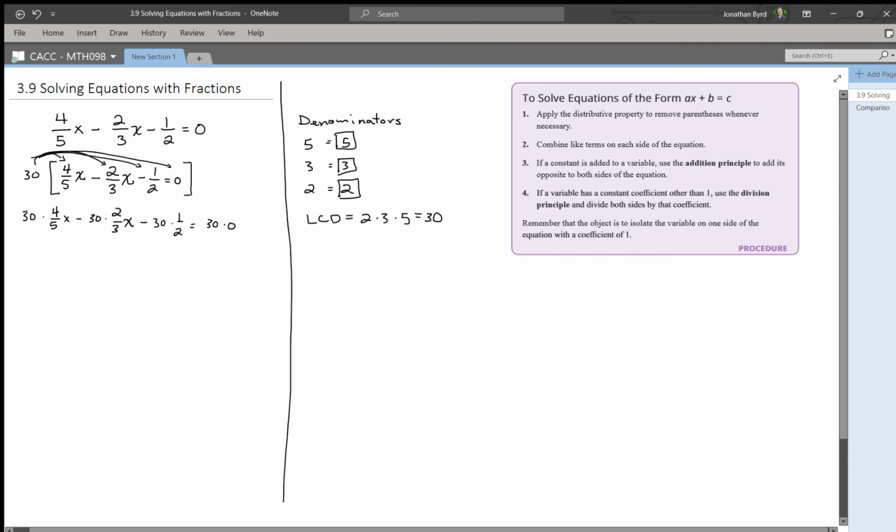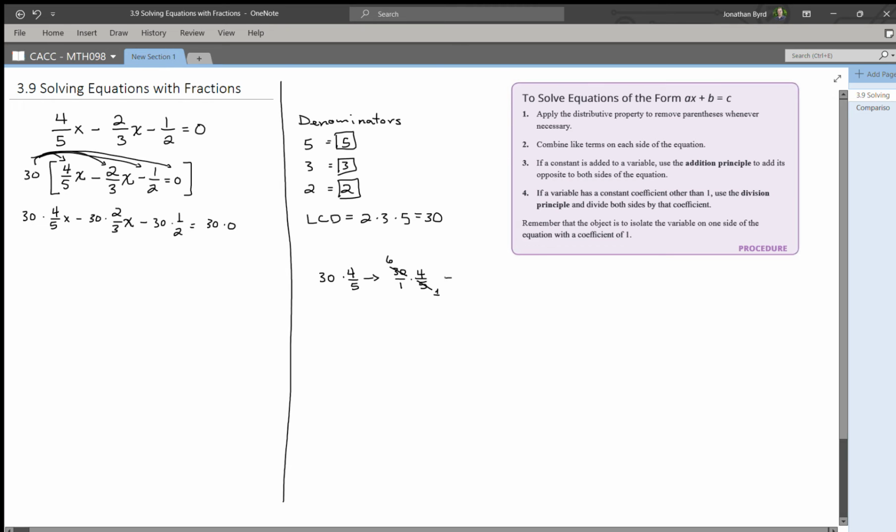I could look at it like this. 30 times 4/5 is equal to 30 over 1 times 4/5. There's a 5 in both 30 and 5, and since they're on opposite sides of the fraction from each other, I can simplify those down. 5 goes into 5 one time, and 5 goes into 30 6 times.